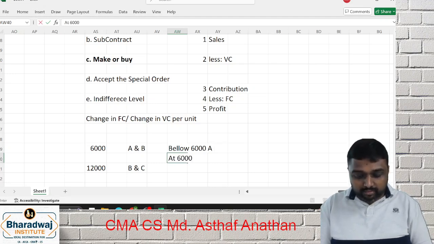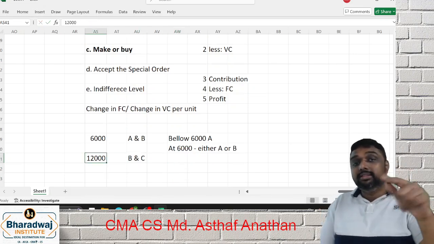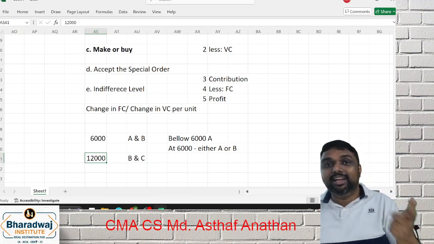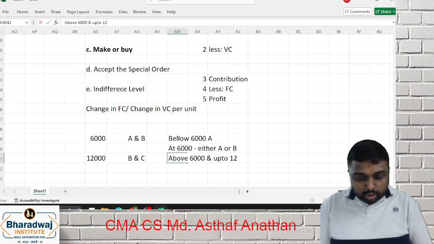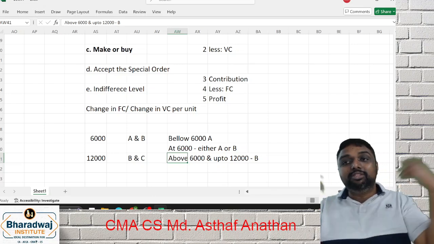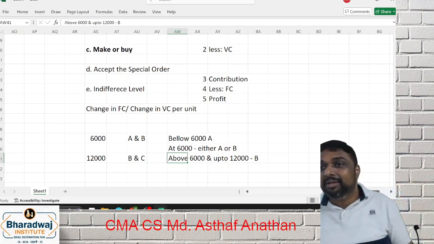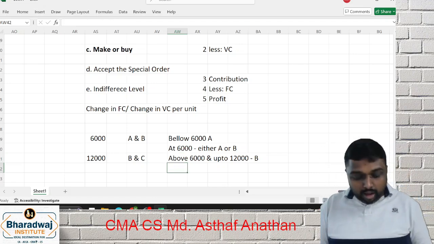At 6,000, either A or B. Now, very interesting: when you compare B and C, from 6,000 up to 12,000 only B is best, then it is C. So above 6,000 and up to 12,000, B is best. At 12,000, either B or C.